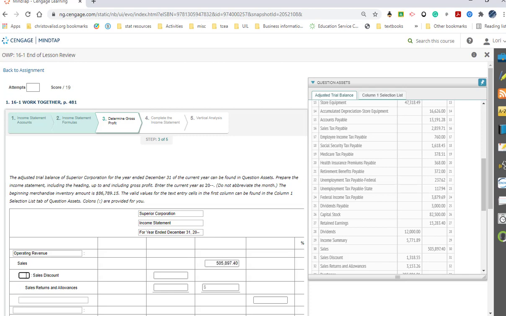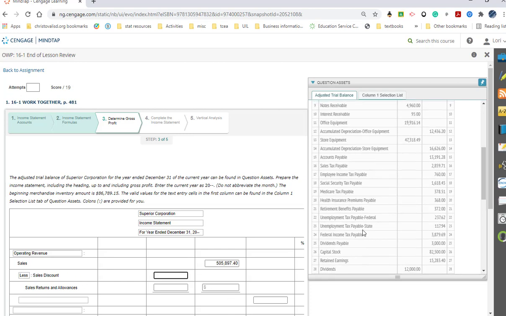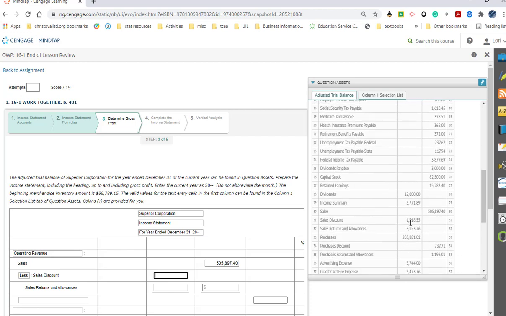And then we are going to subtract, less our sales discount. Again, we're going to come over here and find our sales. Our sales discount is listed right underneath sales, and that was 1,318.55.